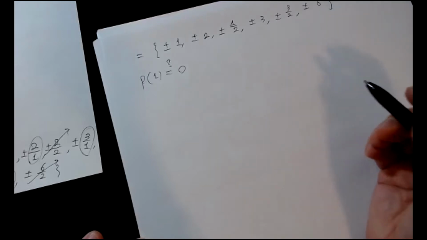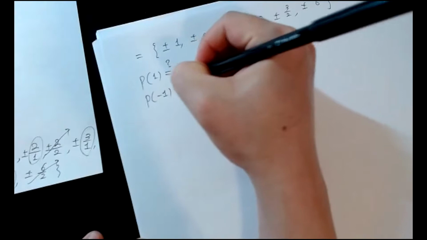Let me open the textbook, Chapter 3, section 3.2. So is P of 2, P of negative 1 equal to 0 or not?